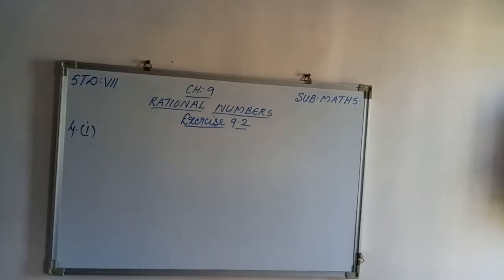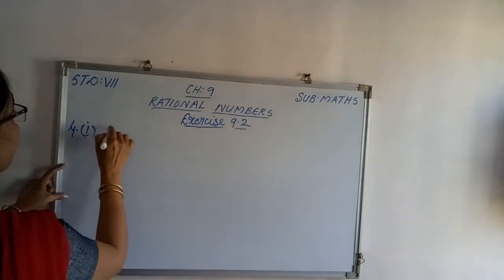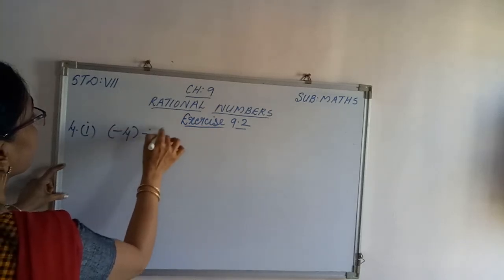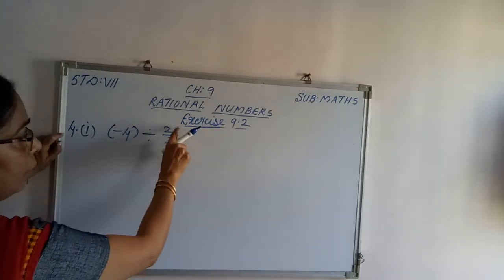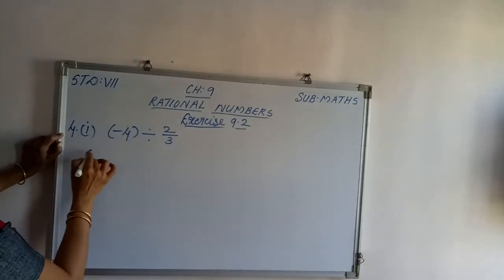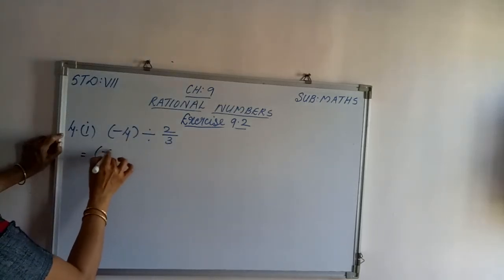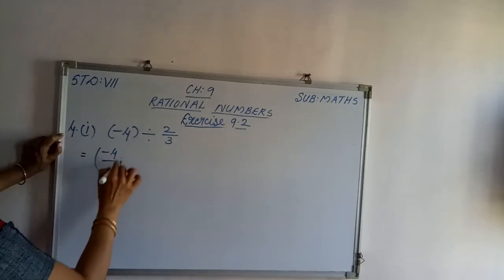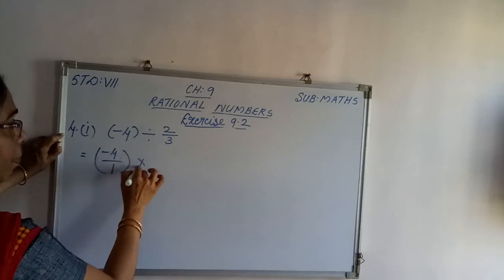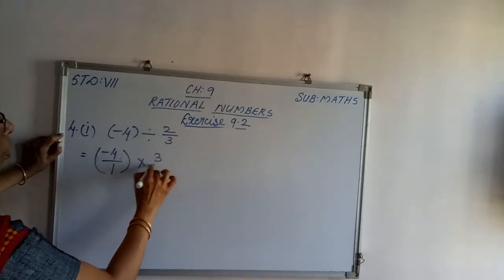Question 4. Find the value of minus 4 divided by 2 upon 3. Here it is division. So in division what we have to do? You have to multiply with the reciprocal of the divisor, that is 2 upon 3. So this can be written as minus 4 upon 1 multiplied by the reciprocal of 2 upon 3, 3 upon 2.